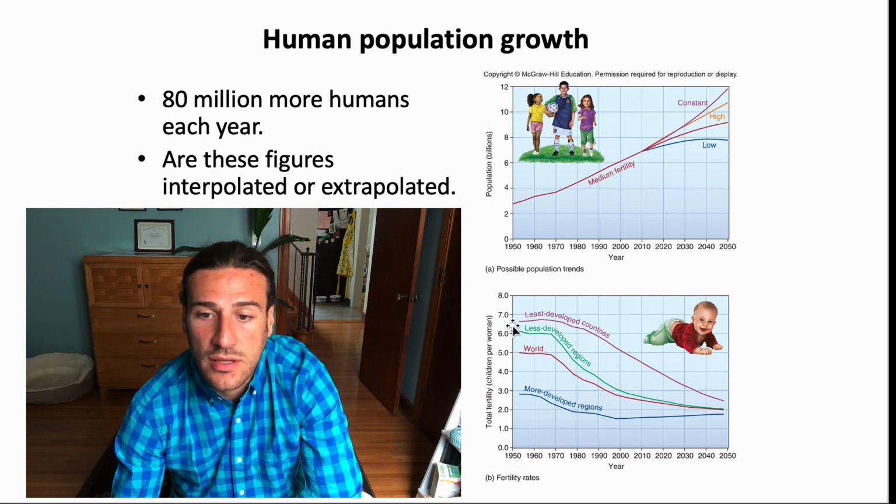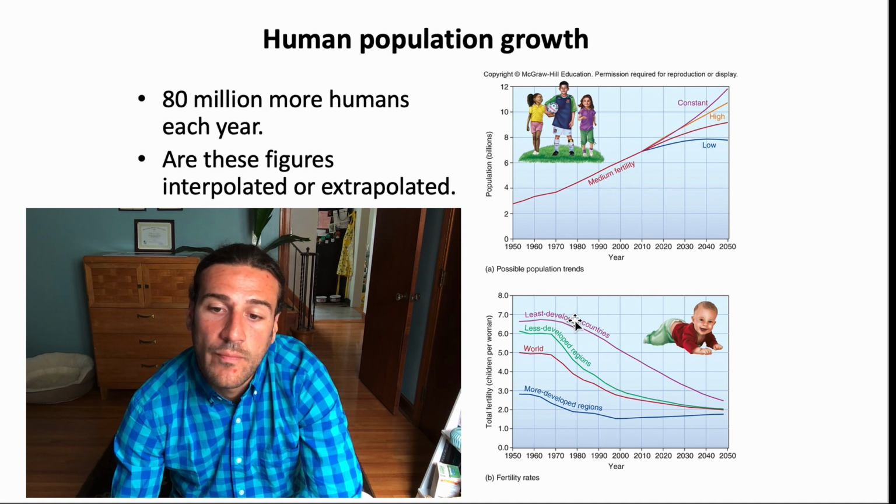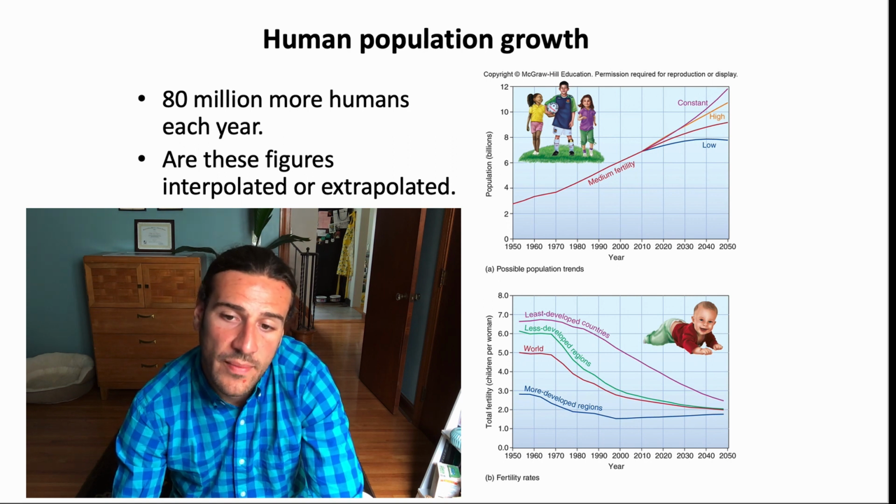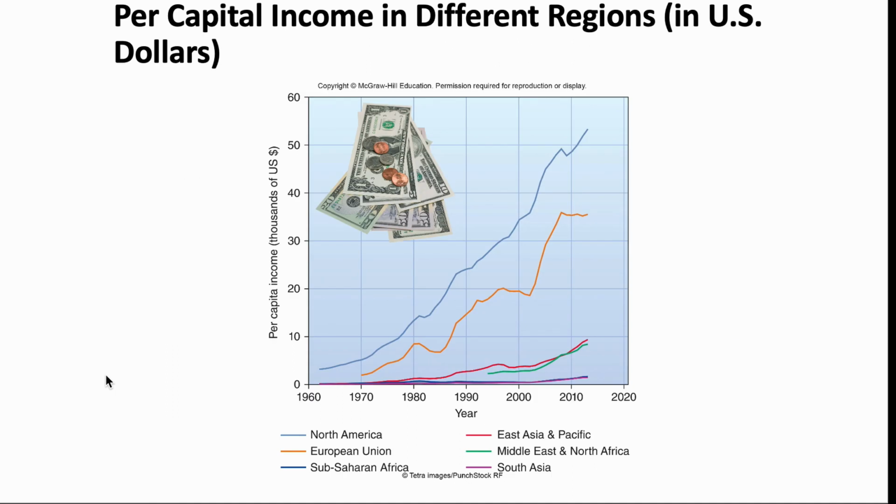So to ensure that you actually have children that make it to adulthood, you had to produce a lot more children than in places that were more developed. So some underlying themes that we're seeing here have to do with a lot of socioeconomic interactions.